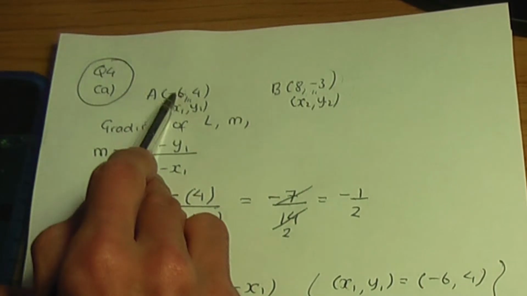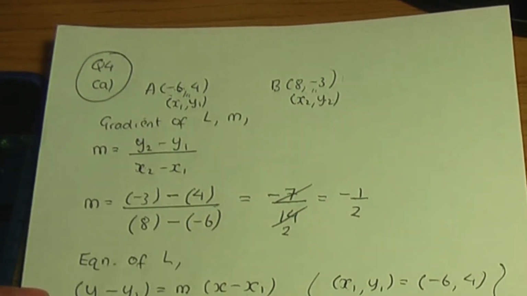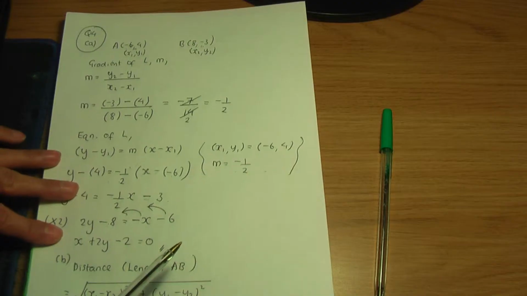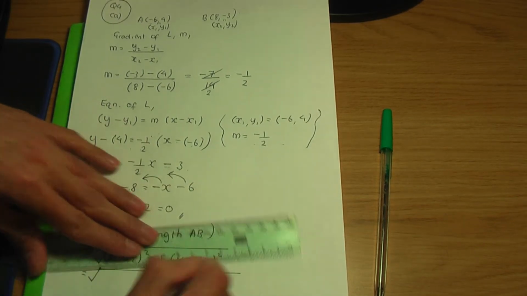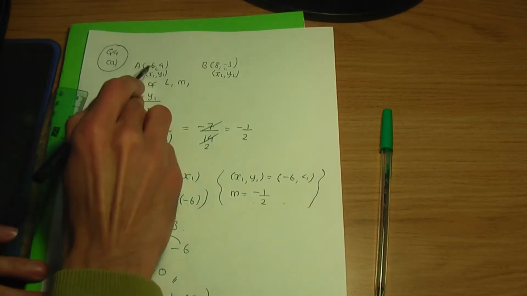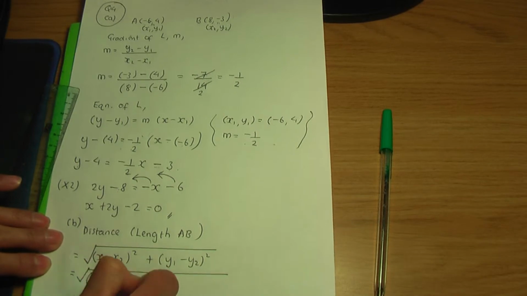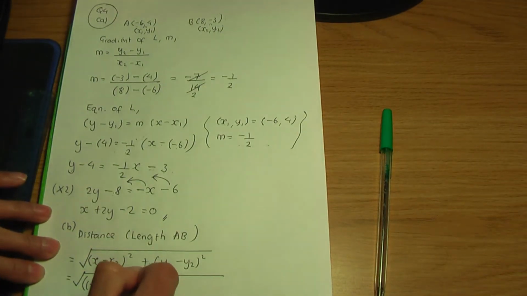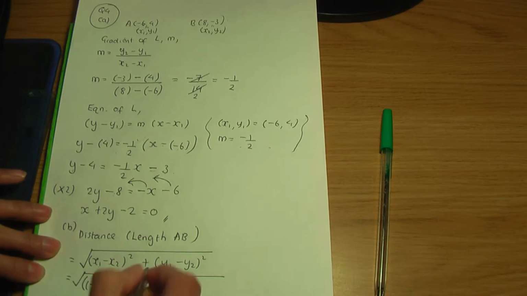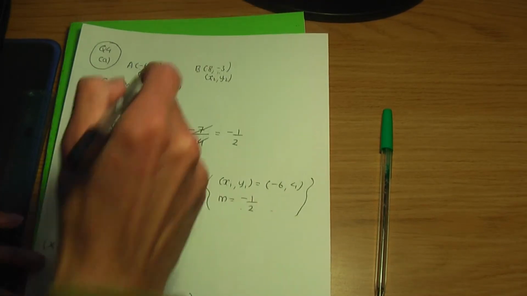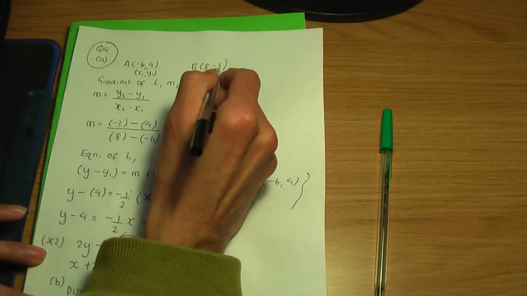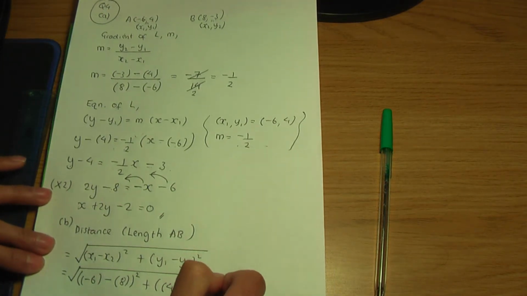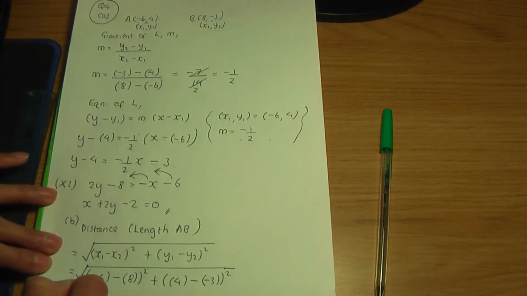A has coordinates minus 6 and 4, that is my x1, y1. B has coordinates 8 and minus 3, let's take that as x2, y2 again. So when I substitute in, I'll have the square root of x1 which is minus 6, minus x2 being 8, squared, so don't forget the squared, plus y1 corresponds to 4, minus y2, that corresponds to minus 3, close brackets, squared.